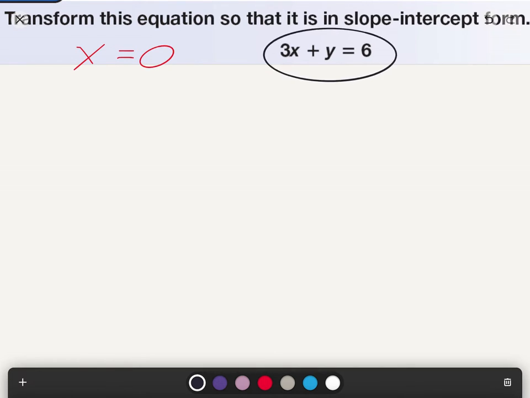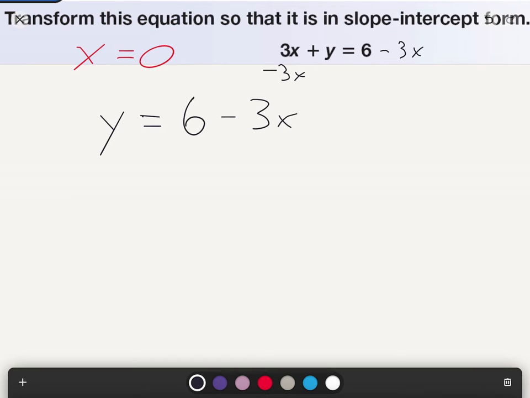Okay. So first thing that we need to do here is solve for y. And so we are going to subtract 3x from each side. Right. So getting us to our stage 2 here of y will equal 6 minus 3x.